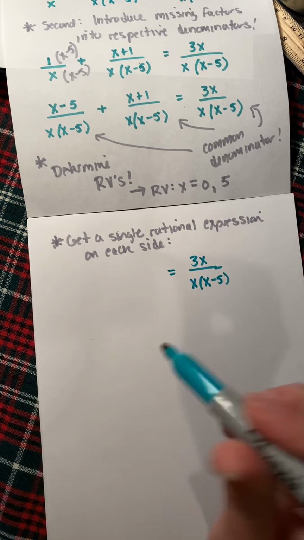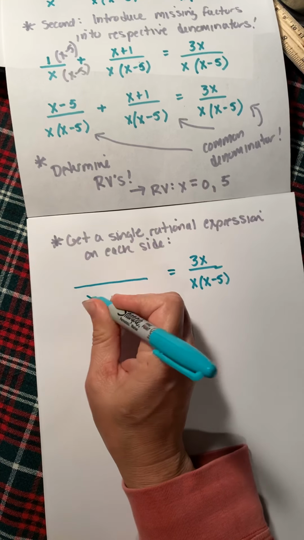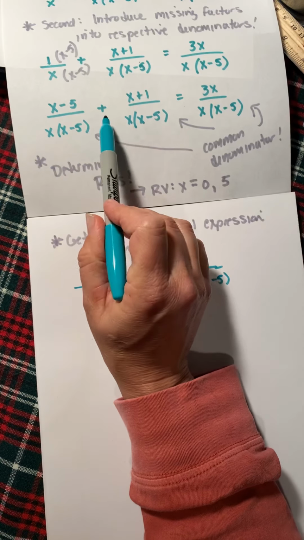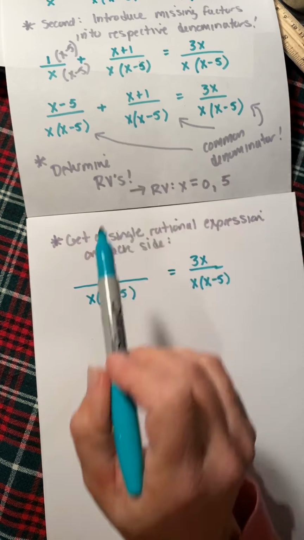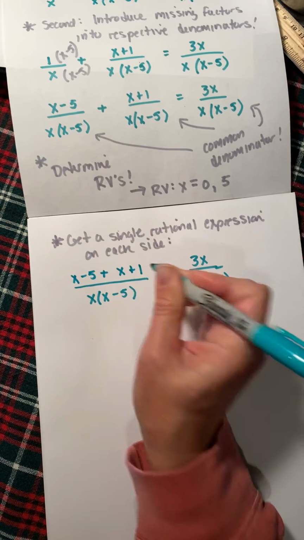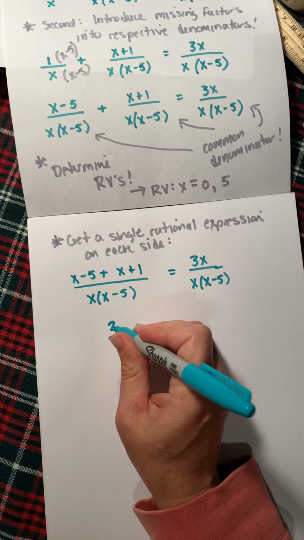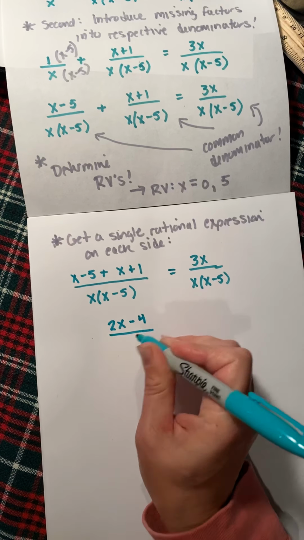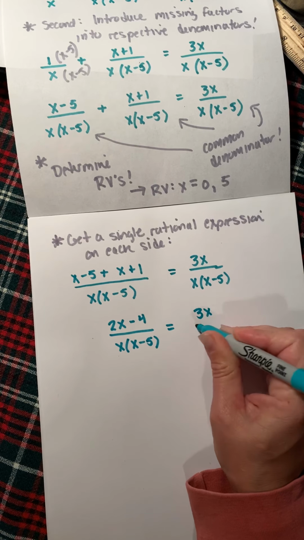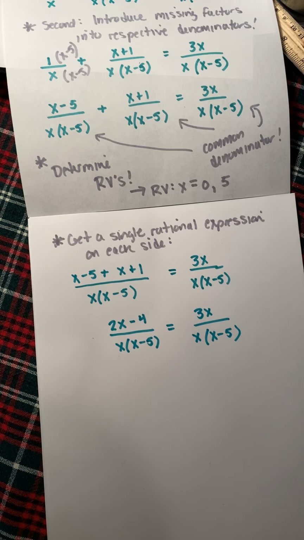There's no need to multiply them out. So then I'm going to create one numerator here. If I add something over x times x minus 5 plus something else over x times x minus 5, we keep the common denominator and we add the numerators. So it's x minus 5 plus x plus 1. Now let's clean this up: 2x minus 4 all over x times x minus 5 equals 3x over x times x minus 5. Woo! We're getting there.